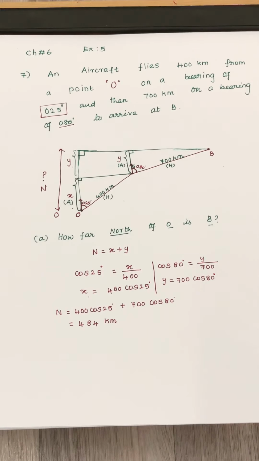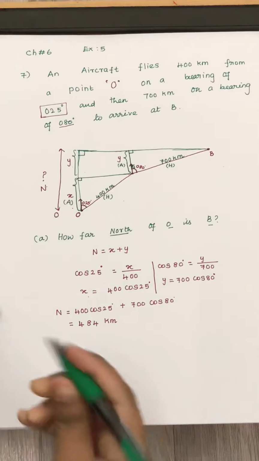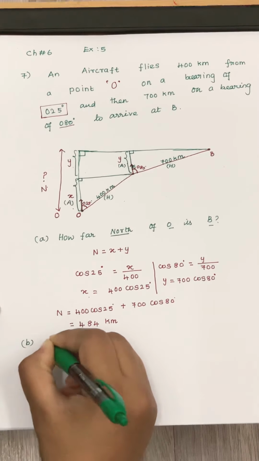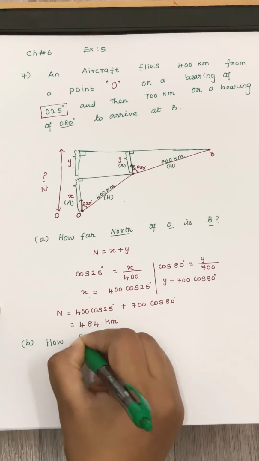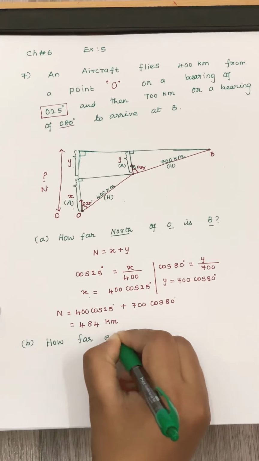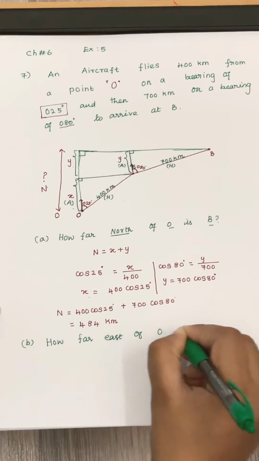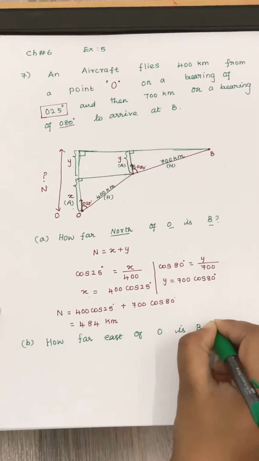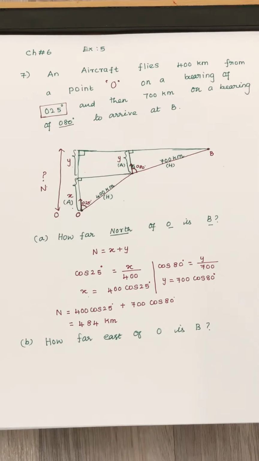What is part B? Part B is how far east of OSB. Here, what direction are they talking about? How far east of OSB. So I'll write down part B also. Part B, how far east of OSB. Now, which side is your east direction?